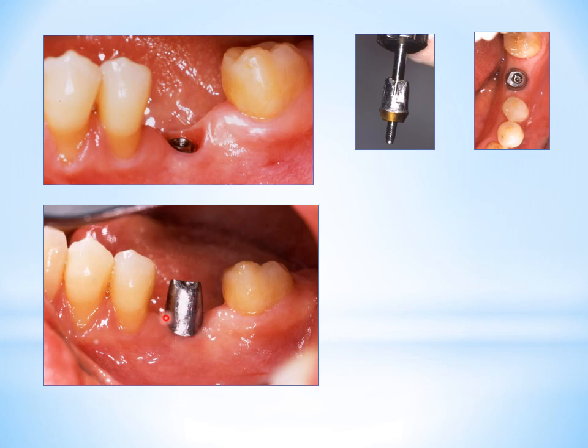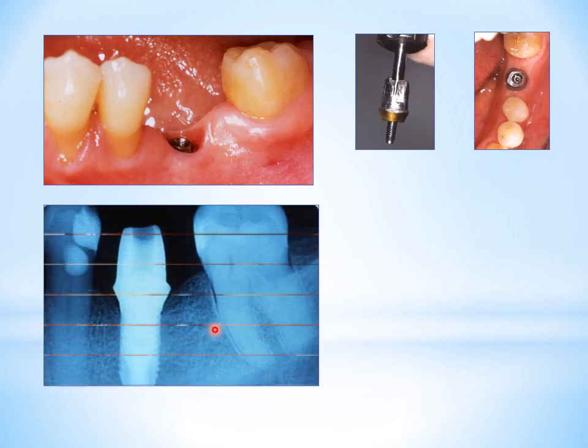And here we check the abutment in the patient's mouth. We can take an X-ray to be sure that it is fully seated and suitable space will be there for construction of the crown.